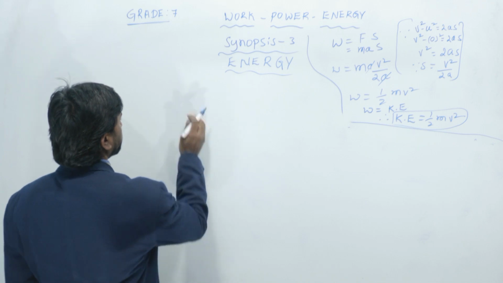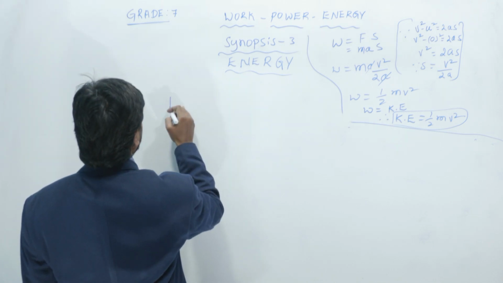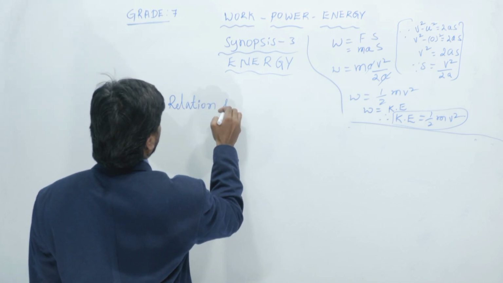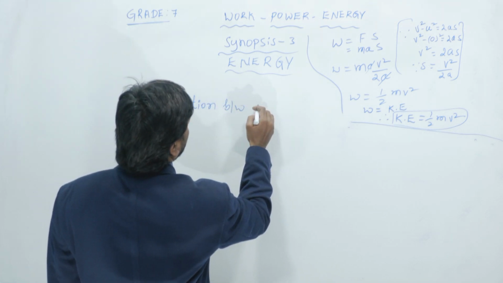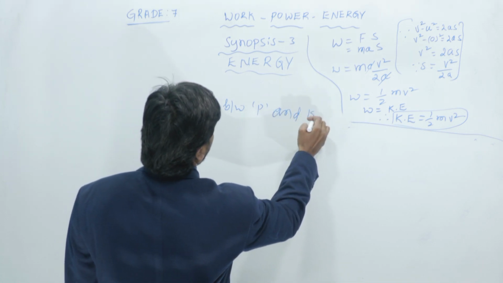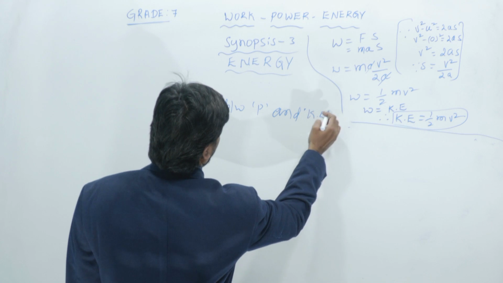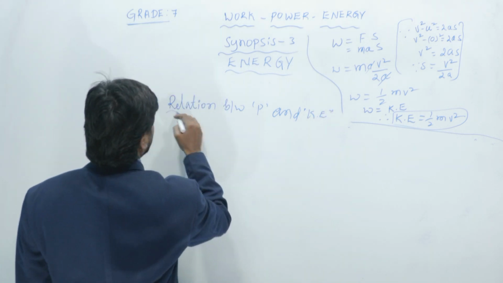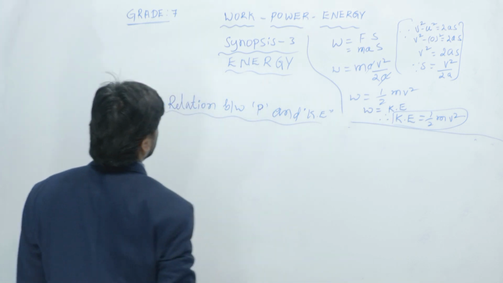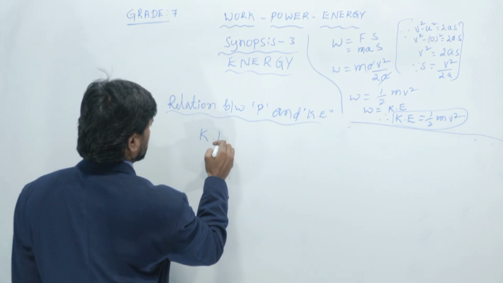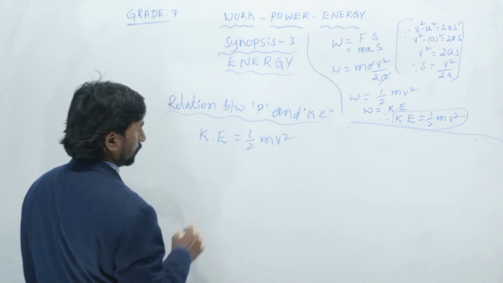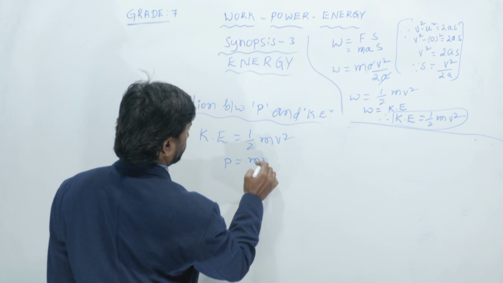Now we'll write the relation between linear momentum P and kinetic energy K. Kinetic energy is written as half into m v square. Now here P is equal to m into v.